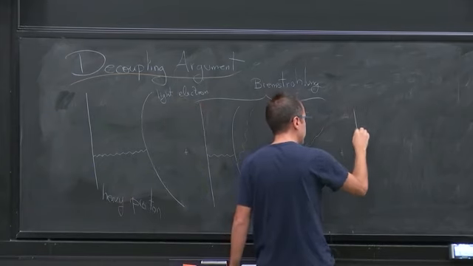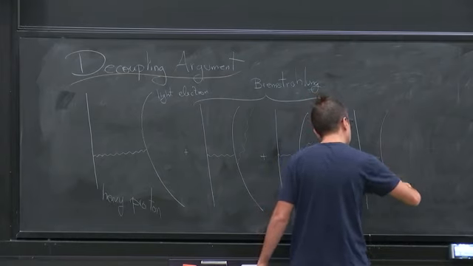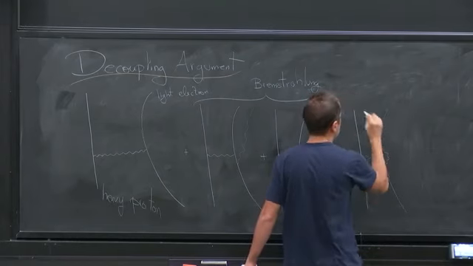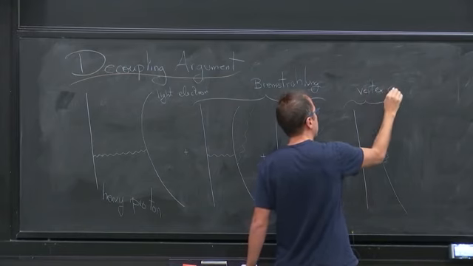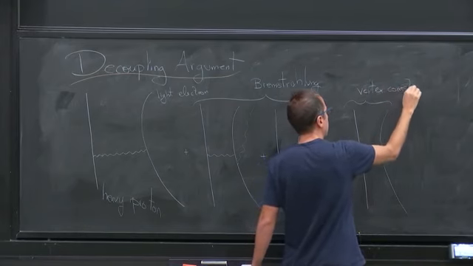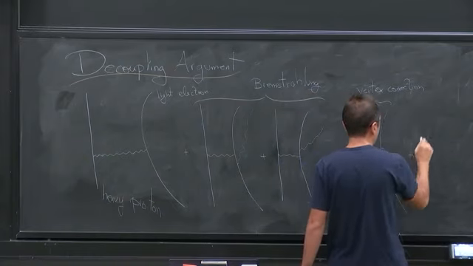We can have the proton interact with the electron, and there can be something like this. This would be a vertex correction. We can have some vacuum polarization effect.